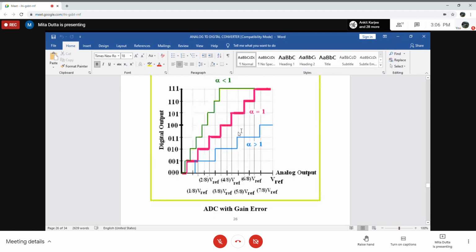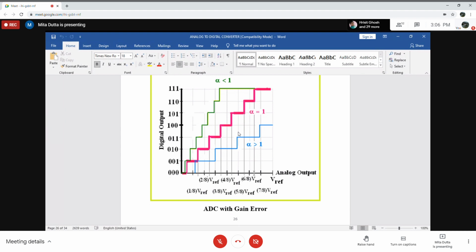Because here, this is VREF or VFS, so this will occur at VFS minus this, at this pointer.